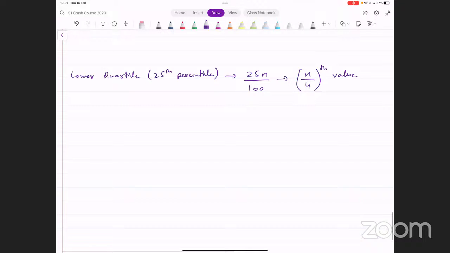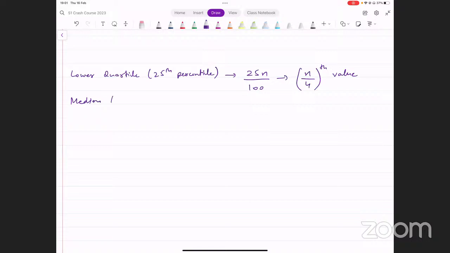Similarly, if you had to find the median, what does median mean? Median means 50th percentile. That is 50 over 100 times n, the number of values, which simplifies to n over 2. The value at this position is your median.